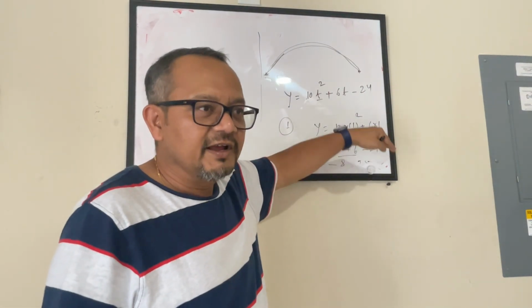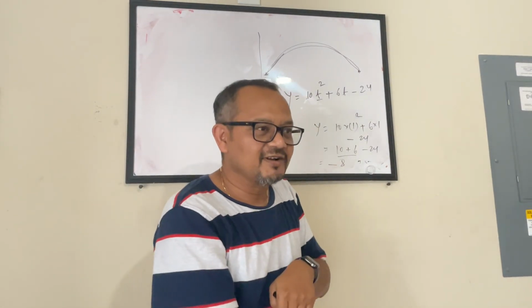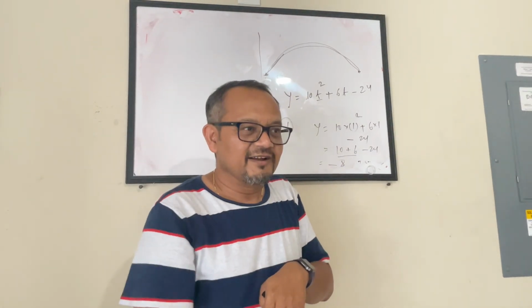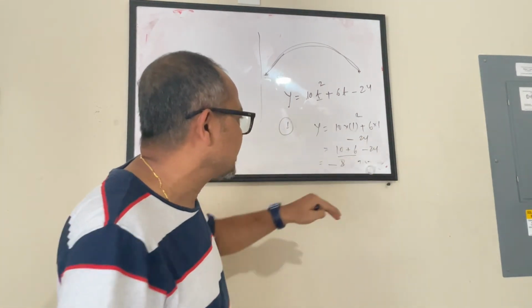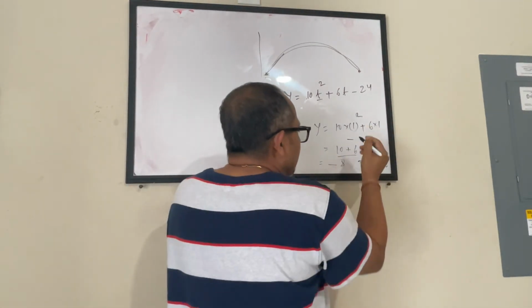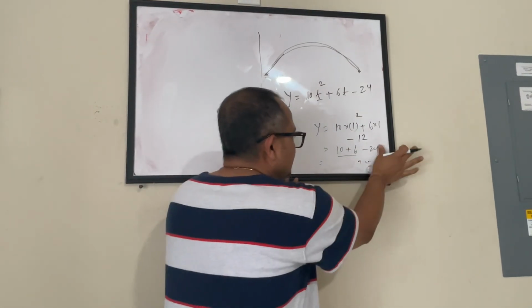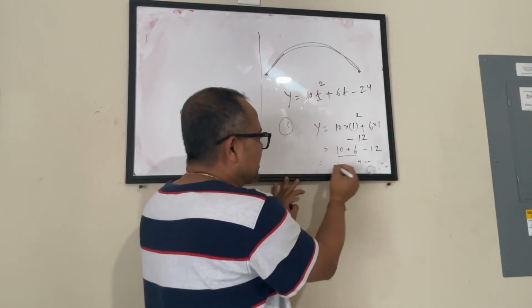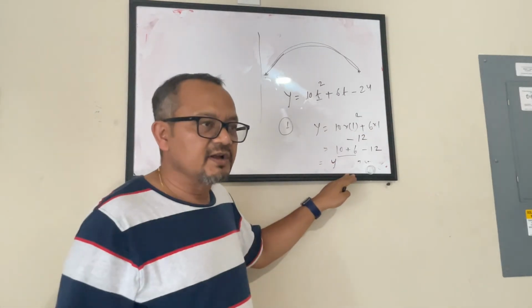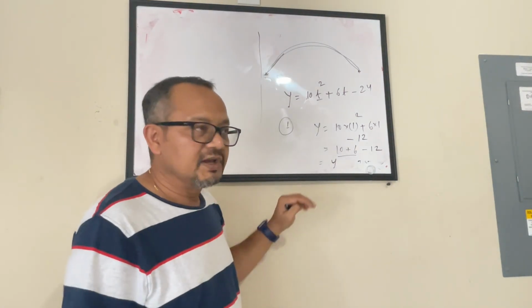What it says is it will be minus 8, meaning it will be under the ground after 1 second. That is technically not possible, so maybe this question was not 100% correct. Maybe if it was, let's say, 12, then this would have been 10 plus 6 minus 12, so 4 feet. So after 1 second, the height of the stone will be 4 feet, if this was my equation.